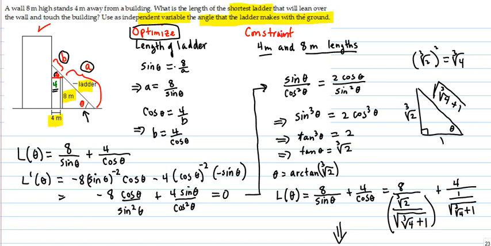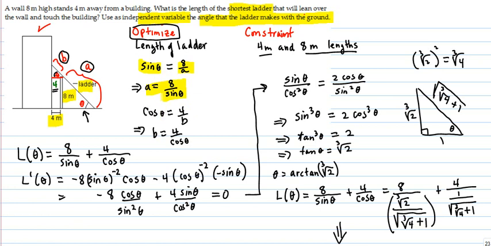So the length of the ladder: sine theta is equal to 8 over A, which means that A is 8 over sine theta.